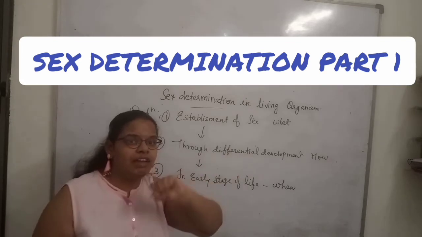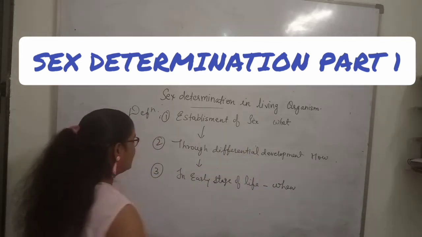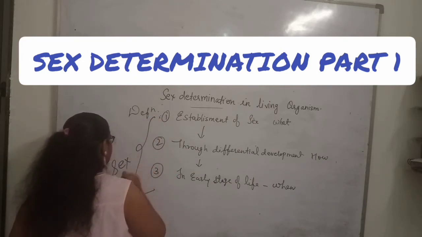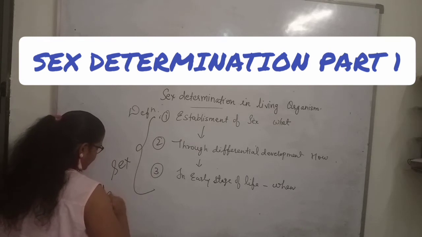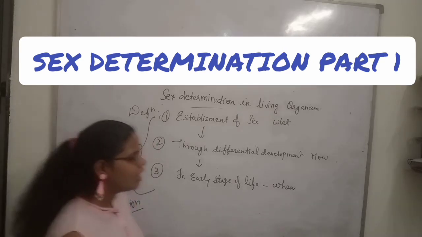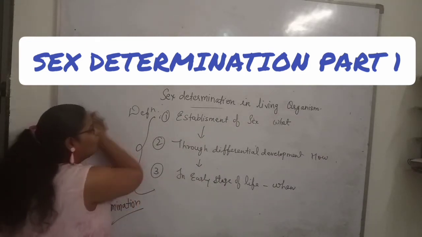Through differential development. And when? In early stage of life. So this whole process is called sex determination. Right? I hope you all have understood the definition of sex determination. Now, please write down this. Okay. Now, next.